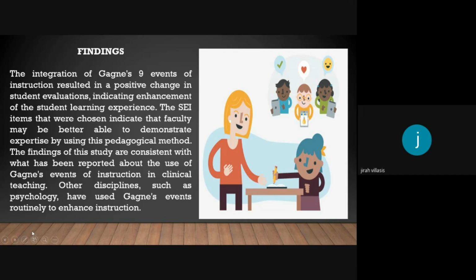The events provide a framework to build on each week, creating an improved classroom for both student and faculty. Through the use of this method, students had enhanced opportunities to interact with each other and the teacher for their feedback, which facilitated a positive experience among students. Now, can you please go to the next slide?